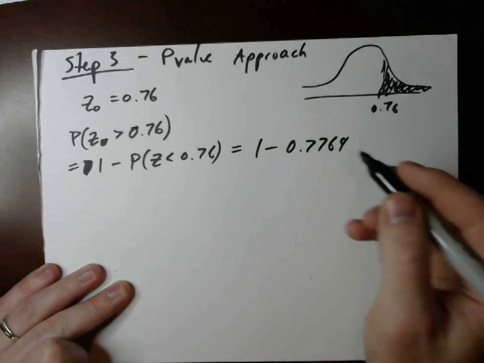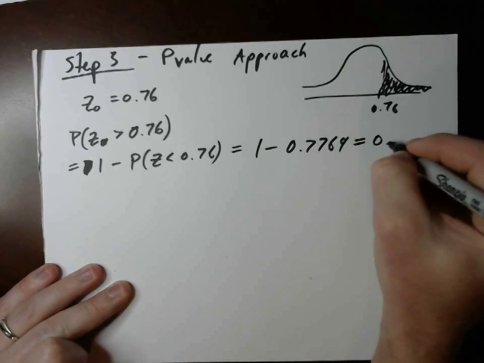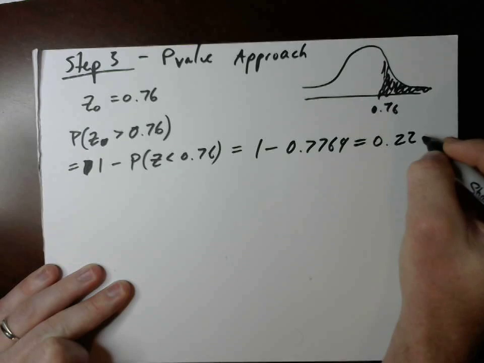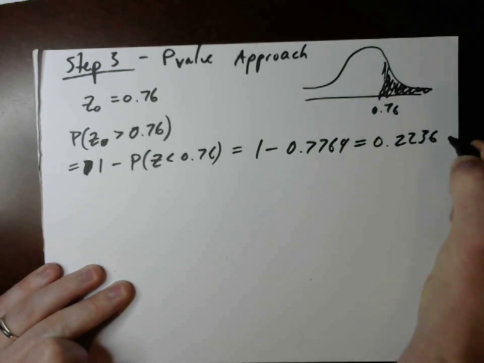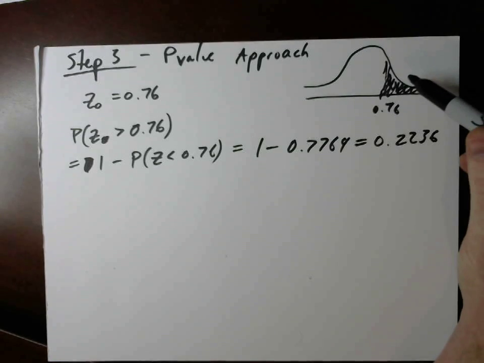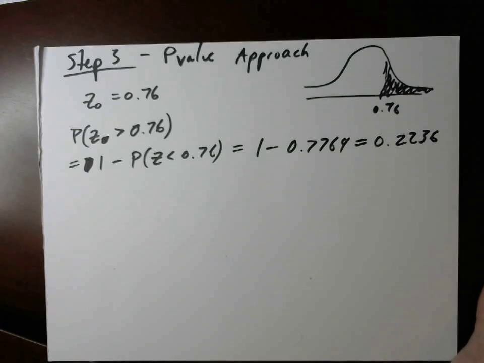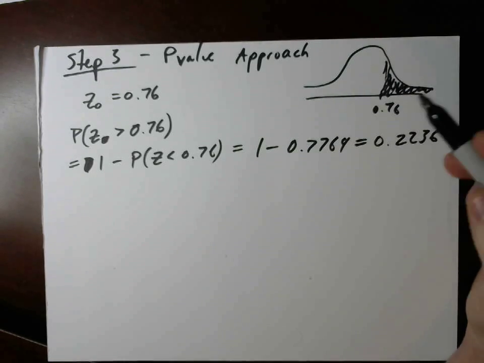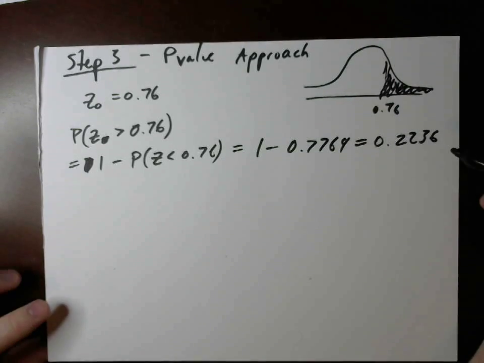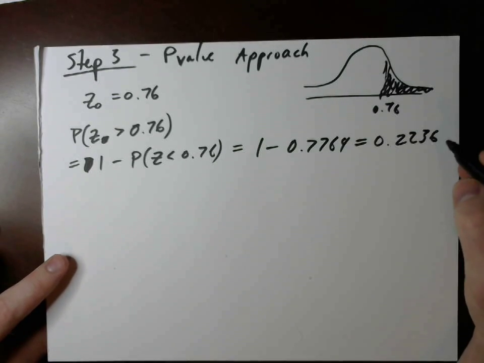The area to the right would be the complement of 0.7764, which is 0.2236. So that is the area in this tail, 22.36% of the entire area under the curve, to the right of 0.76.